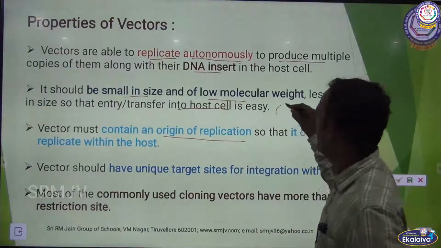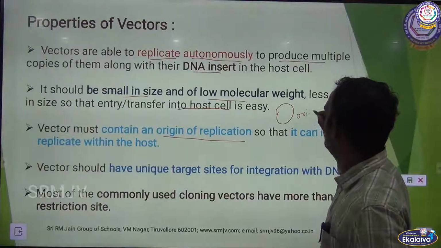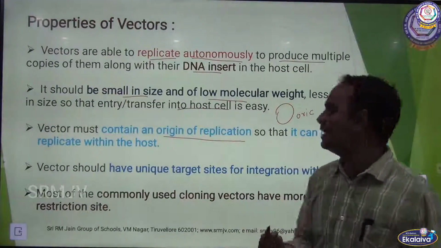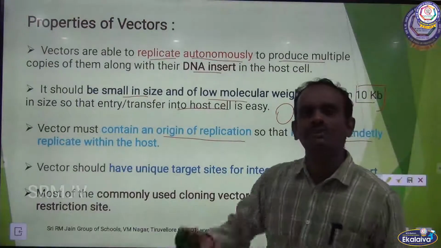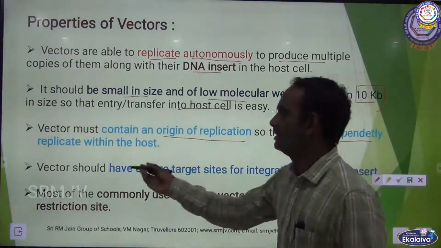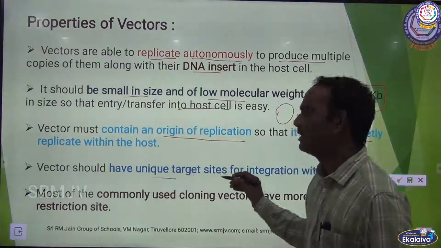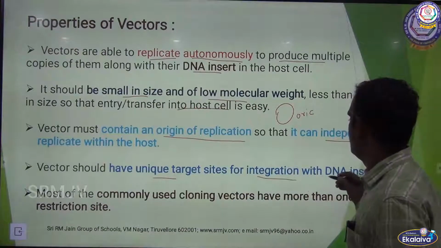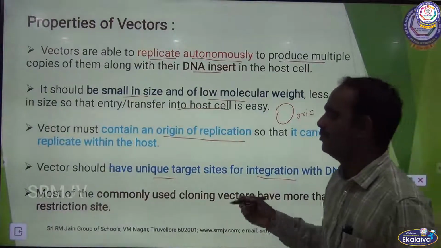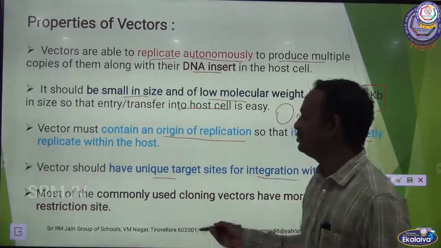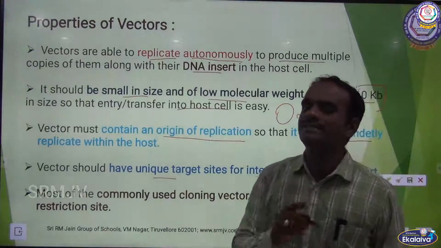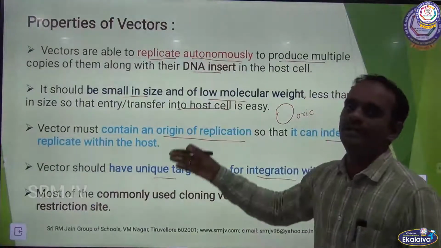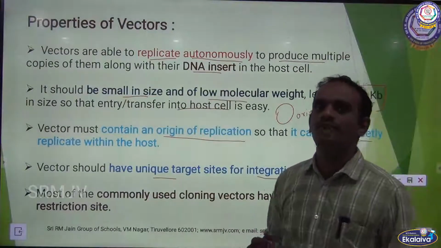There will be a site called ORI, that is origin of replication, so that it can independently replicate within the host cell. Clear? A vector should have unique target sites for integration with the DNA insert. Most of the commonly used cloning vectors have more than one restriction site. So these are the very important properties of vectors.